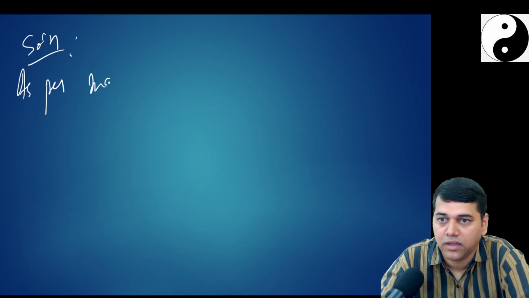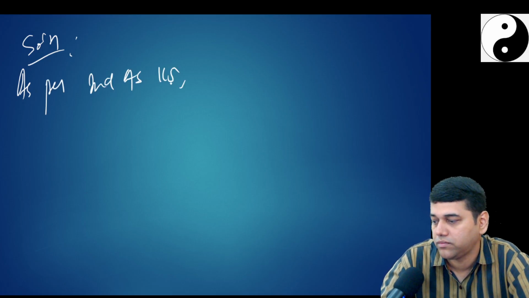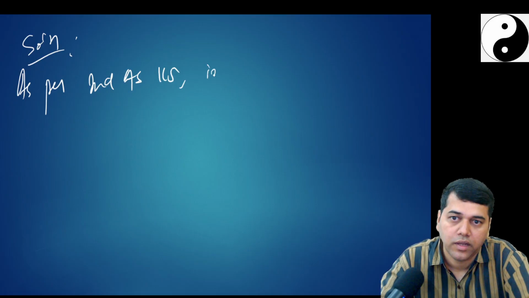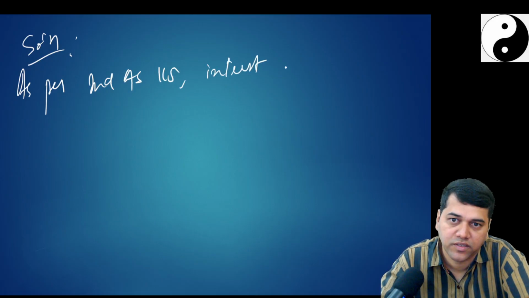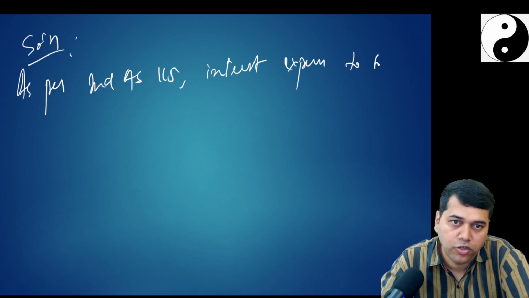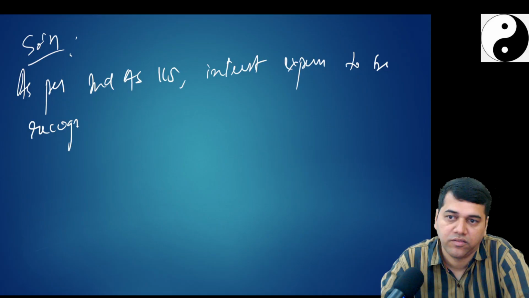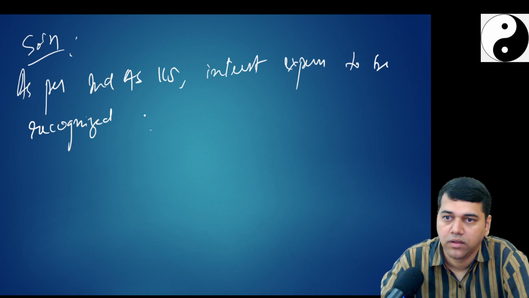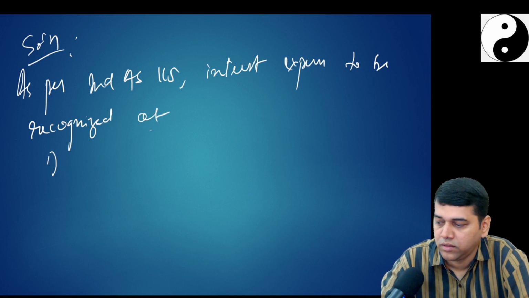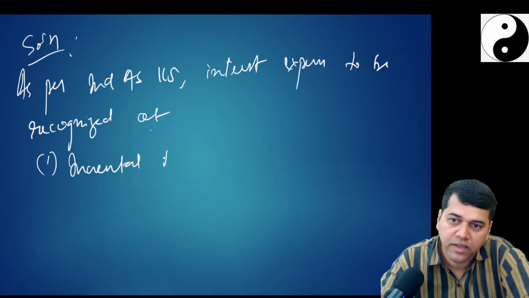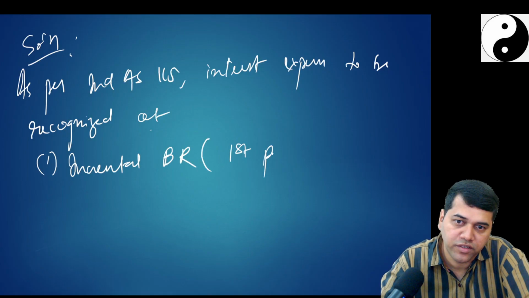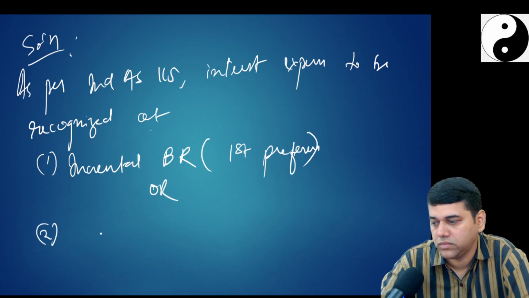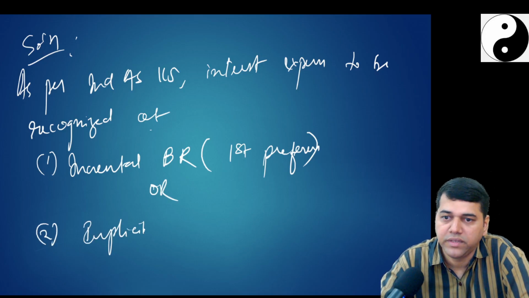As per Ind AS 115, interest expense is to be recognized at the incremental borrowing rate, first preference, or the implicit rate.